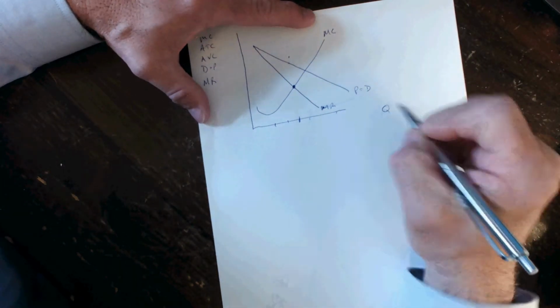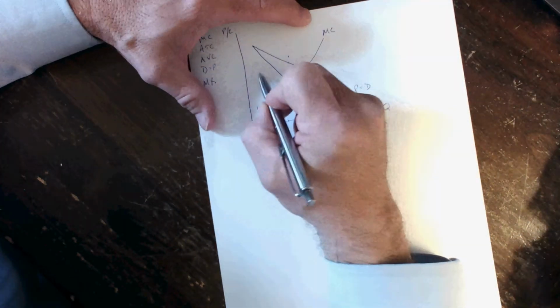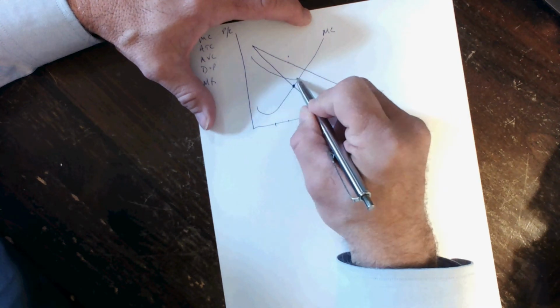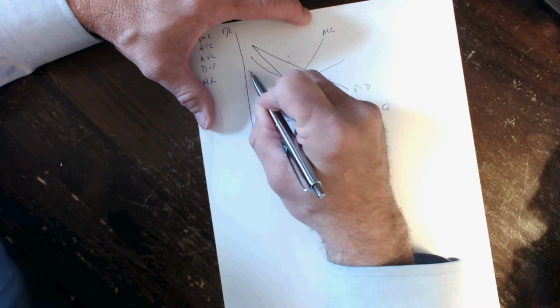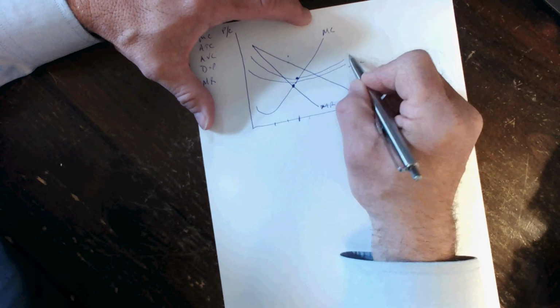So this is quantity, this is price, and cost on this axis. So let's say this firm's, now keep in mind that the average total cost curve has to minimize where it crosses marginal cost. Average variable cost, let's say it comes in here like this. Average variable cost, average total cost.